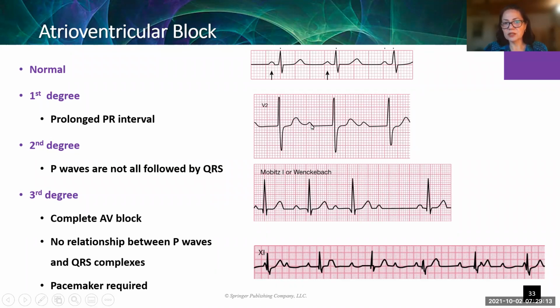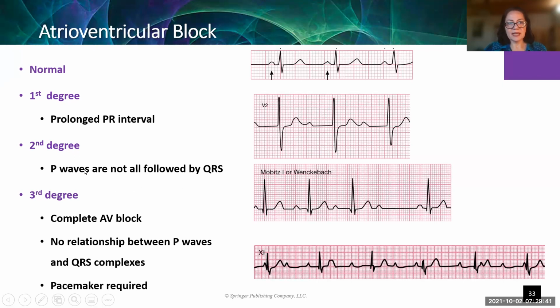And notice there's this long lag before we get to the QRS complex. So that's prolonged PR interval. And R is that top point. So P and R here, P and R right next to each other. Here, P and R, there's this long delay. That's first degree. This just needs to be monitored. Nothing needs to be done.